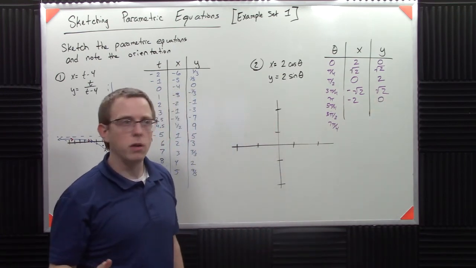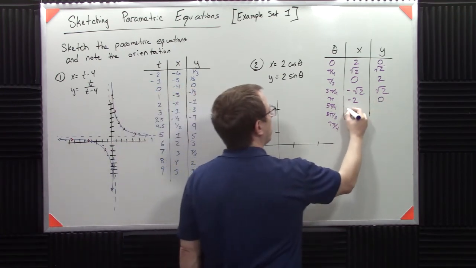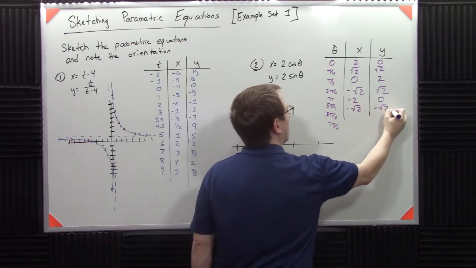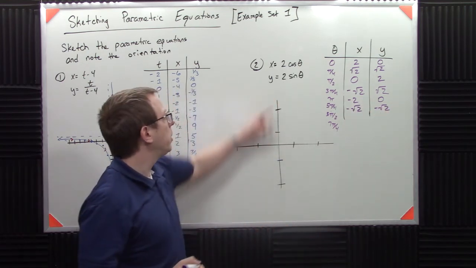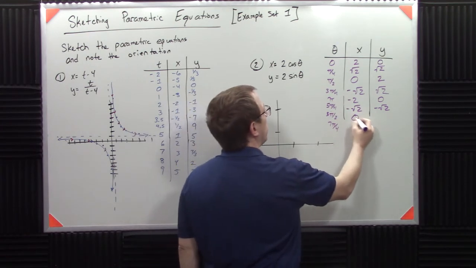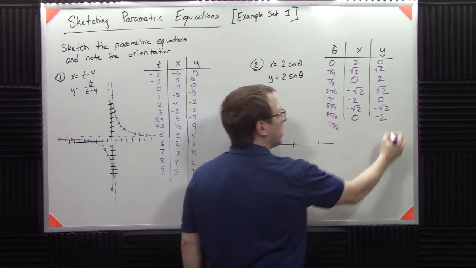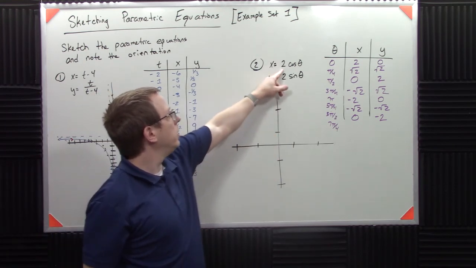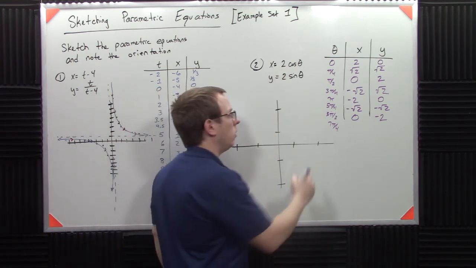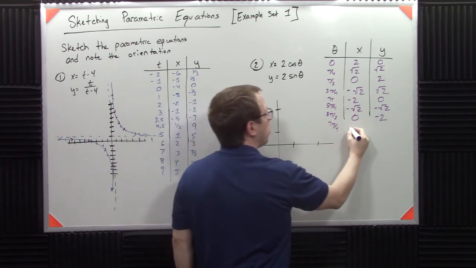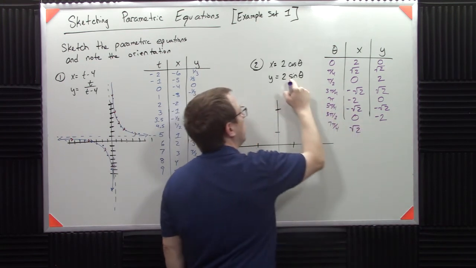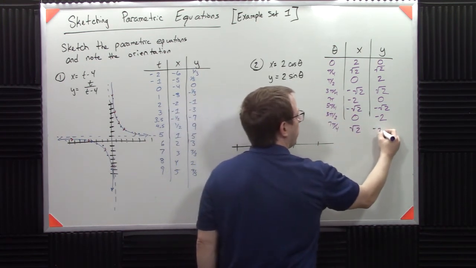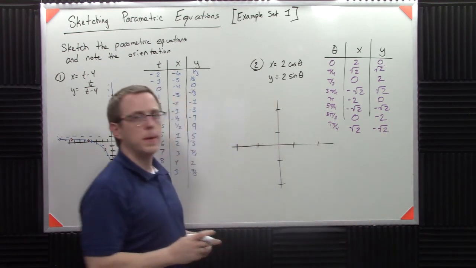In the 5 pi over 4 case, they're both negative. In the 3 pi over 2 case, cosine of 3 pi over 2 is 0. Sine of 3 pi over 2 is actually negative 1. In the 7 pi over 4 case, cosine is positive. Sine is negative.